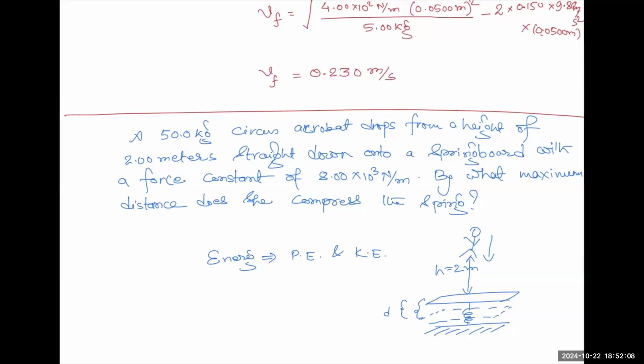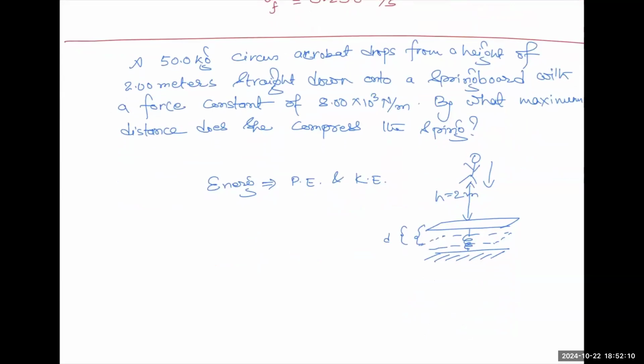Okay, so now to find that one, you said you did mgh, right? Yes, mgh: 50 kilograms times 9.80 meters per second squared times 2 meters. And what did you get for this one?